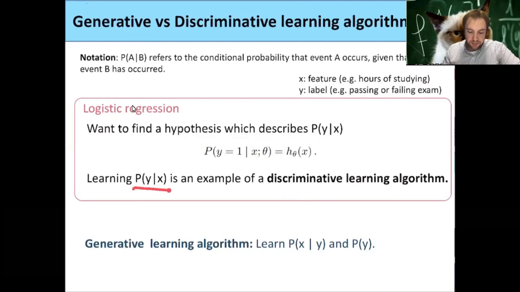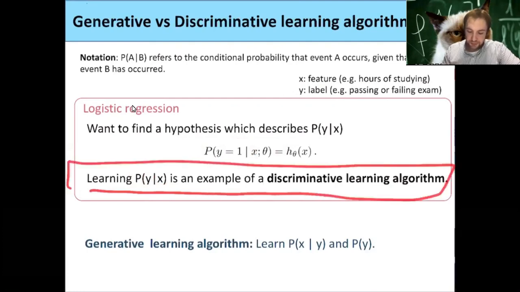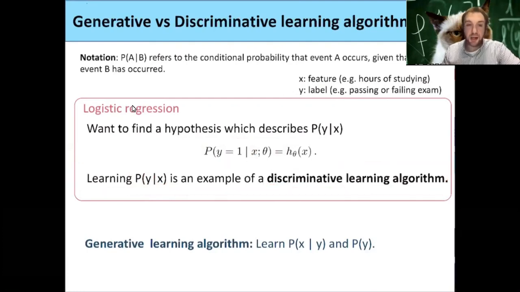Learning the probability of a label, assuming a certain feature as an input, this type of learning is called a discriminative learning algorithm. Logistic regression is one example of this, because we tried to learn this probability.